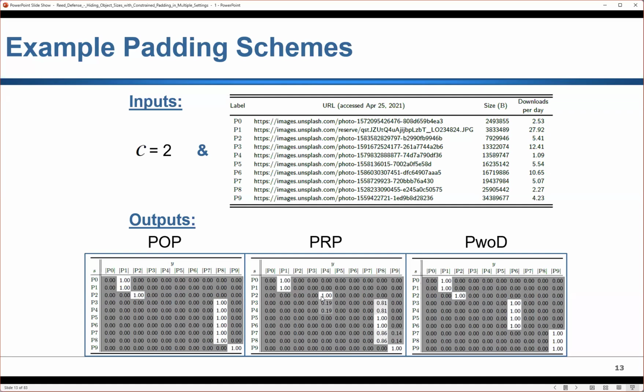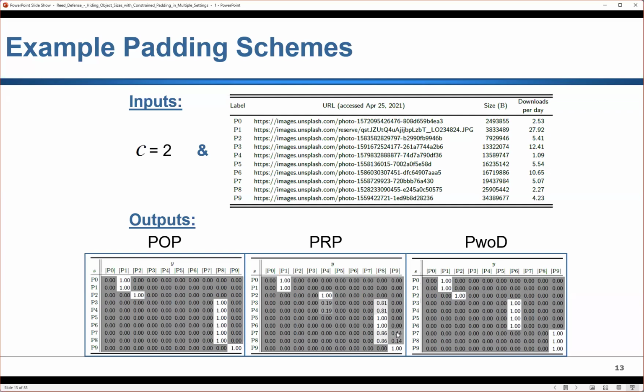PRP instead is a per request padding scheme. And so we see in some instances the distribution being spread out across possible objects here. And what's interesting to note in this particular subset of pictures is that there's no picture that's completely isolated.